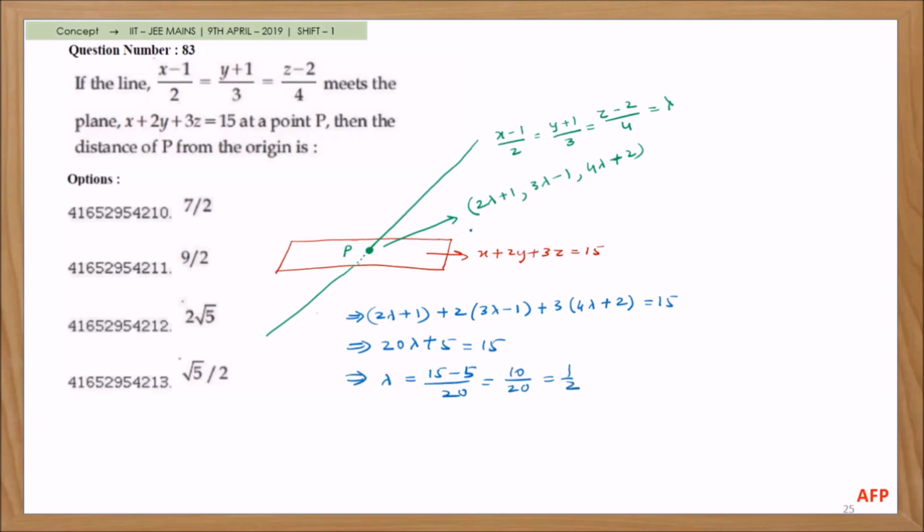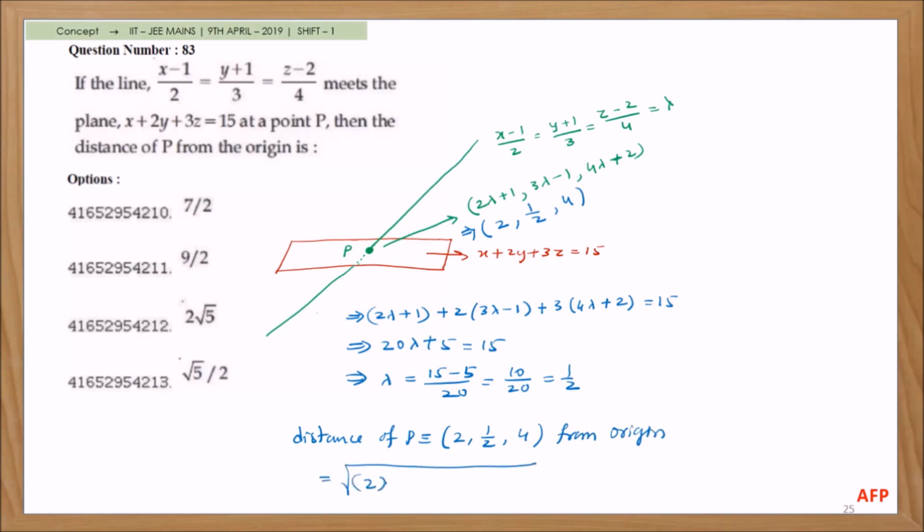So if lambda value is 1 by 2, this is the point P you got. The distance of point P, whose ordinates are 2, 1 by 2, 4, from the origin is equal to square root of 2 square plus (1 by 2) square plus 4 square, equal to 4 plus 1 by 4 plus 16.